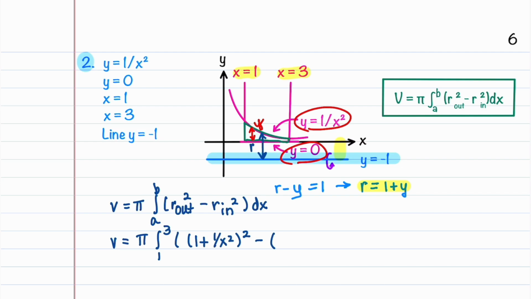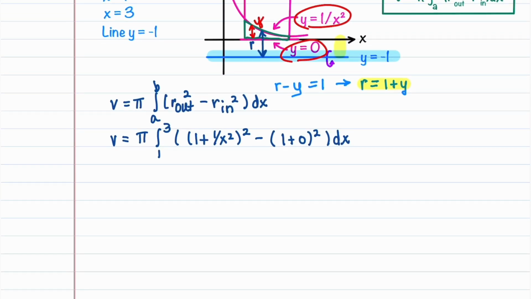So our inner radius is just 1 plus 0 quantity squared, and then we have our dx. Before we integrate, let's go ahead and simplify what we're integrating. We are going to multiply everything out. This gives us 1 plus 2 over x squared plus 1 over x to the 4th minus 1 dx.